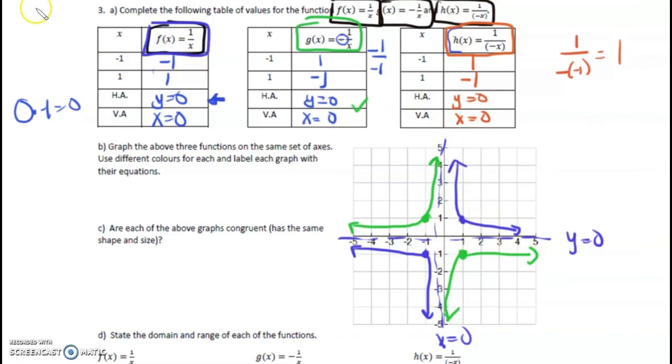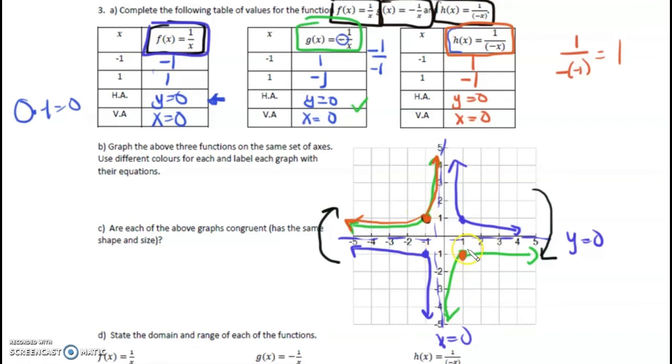Okay, and this makes sense. If we're talking about a reflection of the x-axis, what happens is this blue one was reflected down, this blue one was reflected up. Okay, now same horizontal and vertical asymptotes. We're going to plot -1, 1, and we're going to plot 1, -1, and draw.